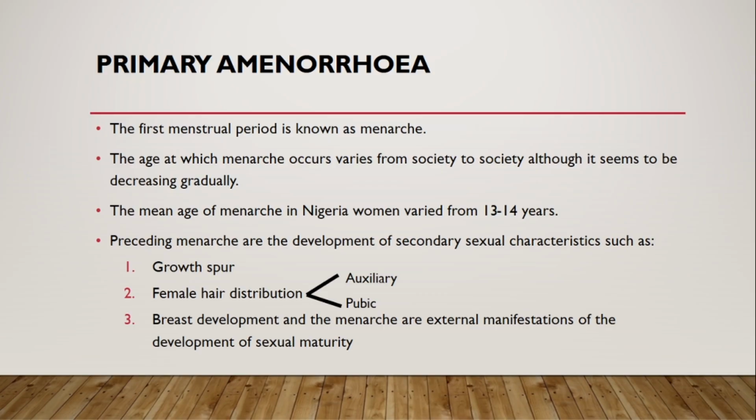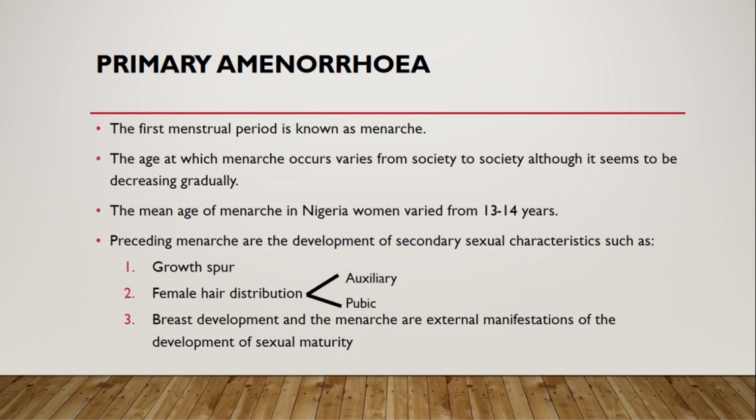About primary amenorrhea, the first menstrual period is known as menarche, and the age at which menarche occurs varies from one society to the other. And this age seems to be decreasing gradually all over the world.